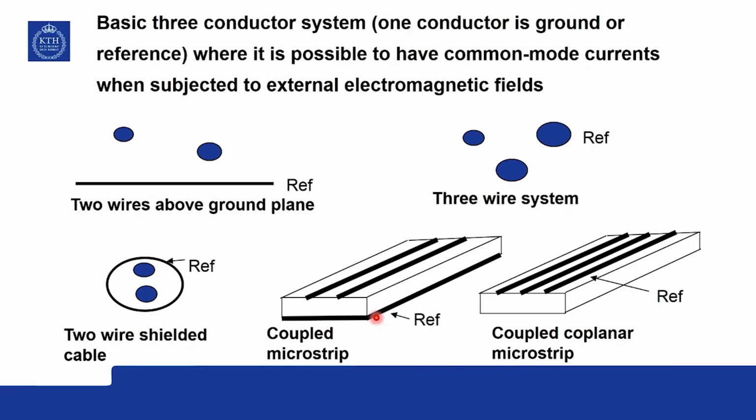You can find all kinds of 3 conductor systems or even more conductor systems, and there will be some common mode currents, because in EMC even microamperes can create disturbances. So, you will always encounter some common mode currents in all these types of systems. So, that ends module 2.